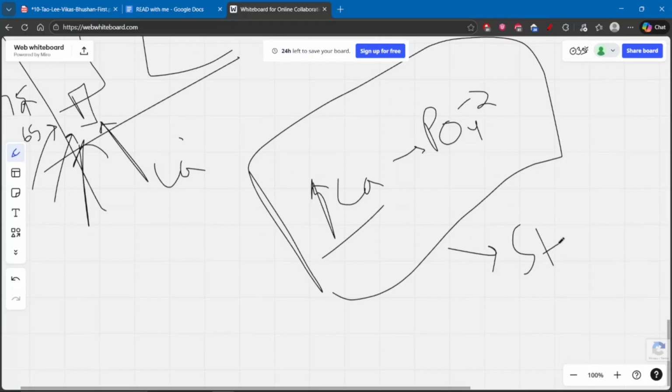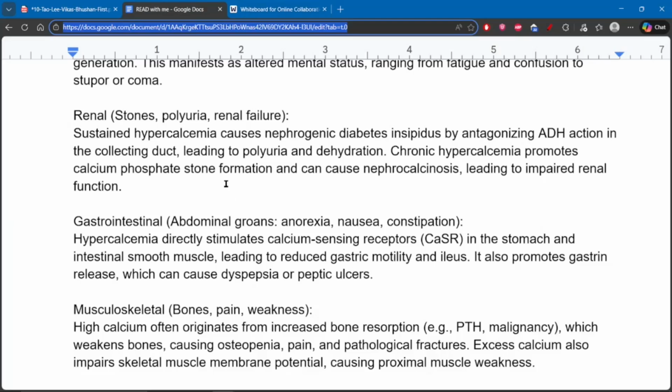You know that the most common kidney stones are calcium oxalate and calcium phosphate. So both of these need calcium, right? So if you increase calcium in the blood, you cause hypercalcemia, and it can lead to more formation of stones in the kidney.